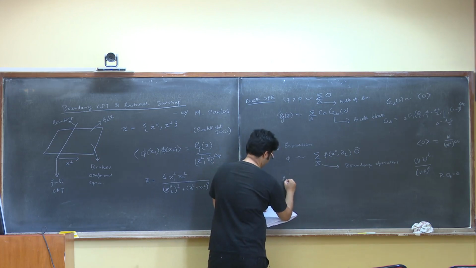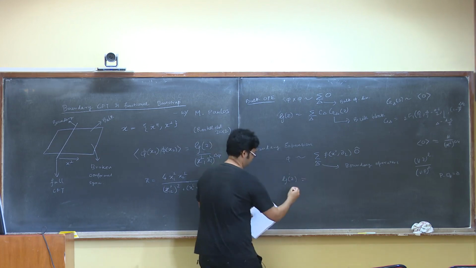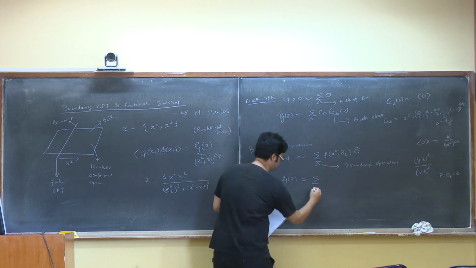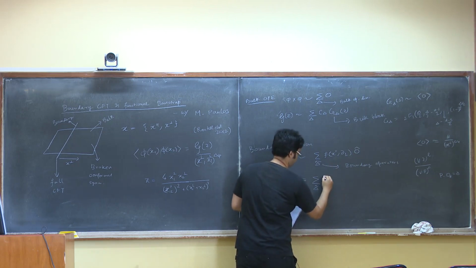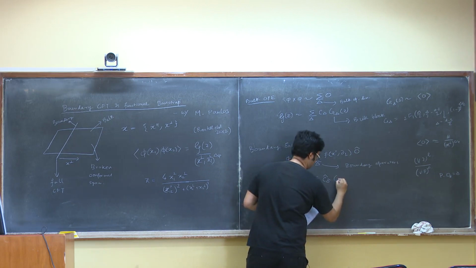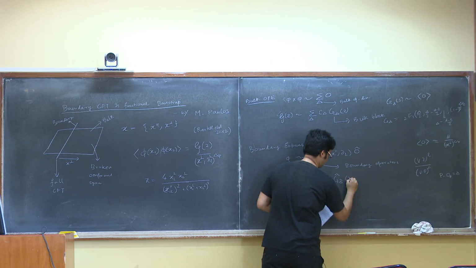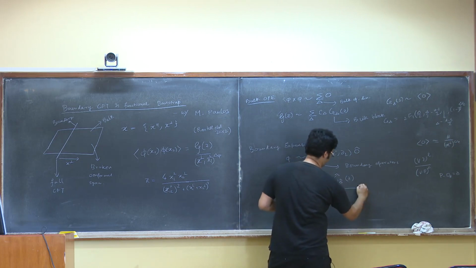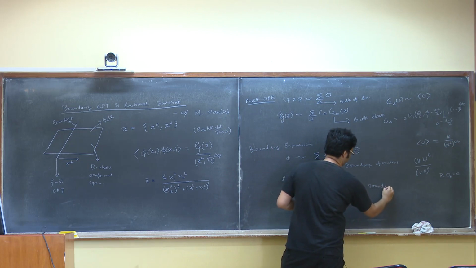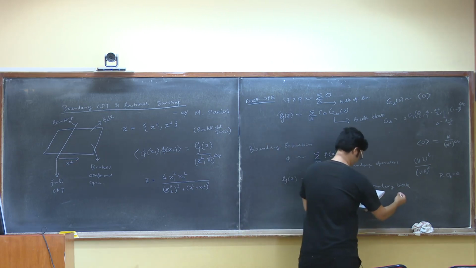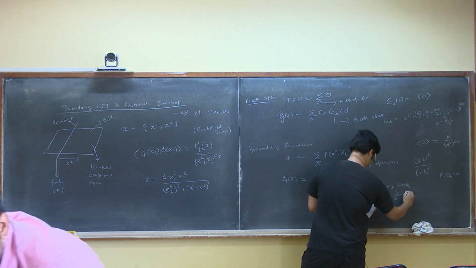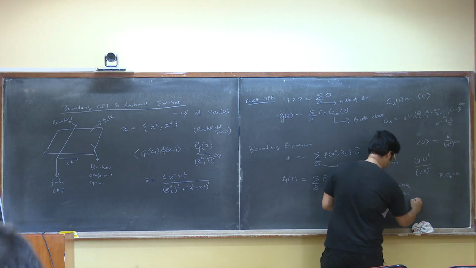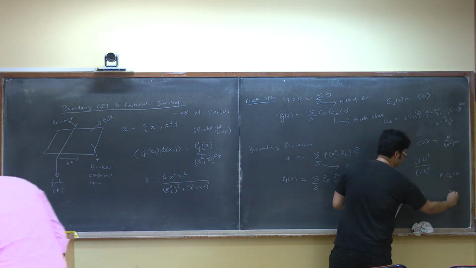So we get another expansion for G(Z) given in the following way: a sum over delta hat of C hat of delta hat times G hat, where G hat is called a boundary block. And it is also a 2F1 evaluated at Z.